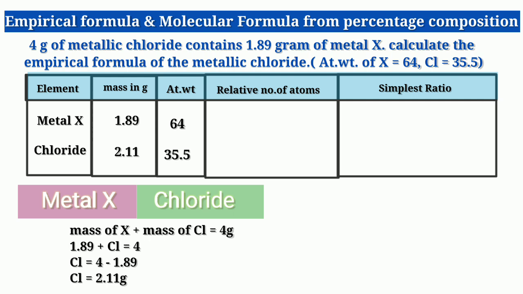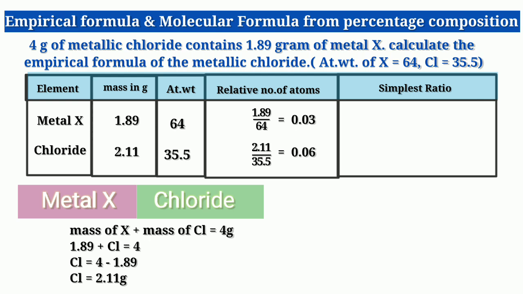For metal X, 1.89 divided by 64, and for chloride 2.11 divided by 35.5. Results of these divisions can be rounded off and written as approximate numbers. 1.89 divided by 64 comes to 0.03 and 2.11 divided by 35.5 comes to 0.06.